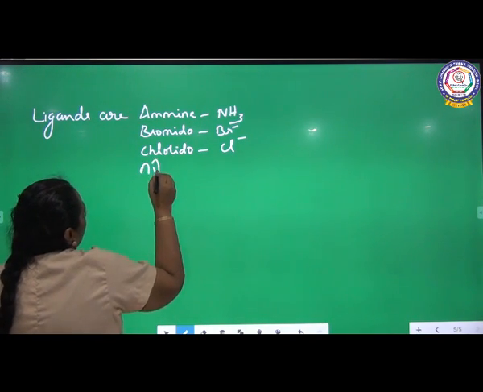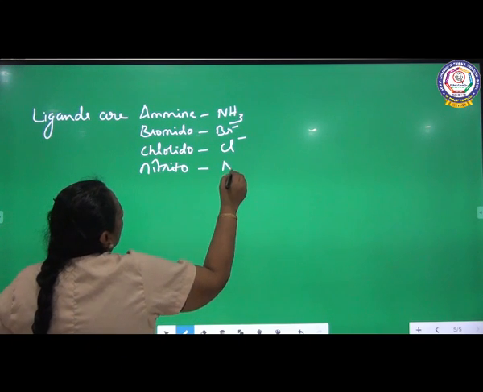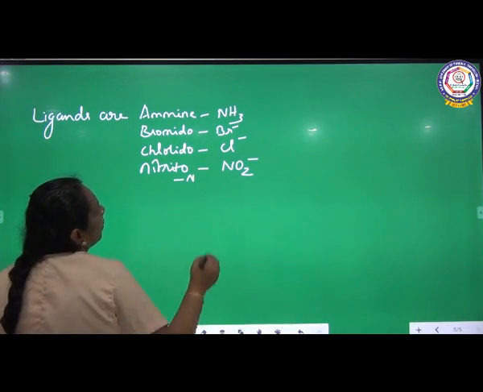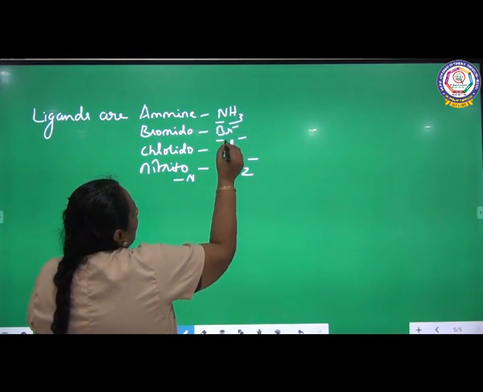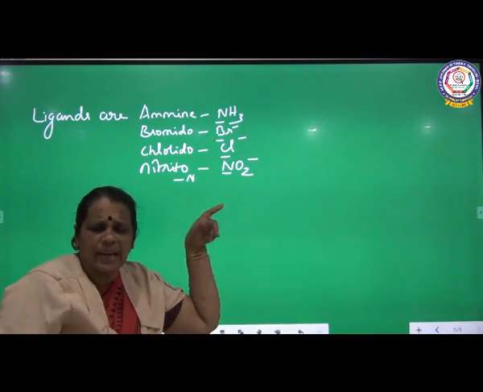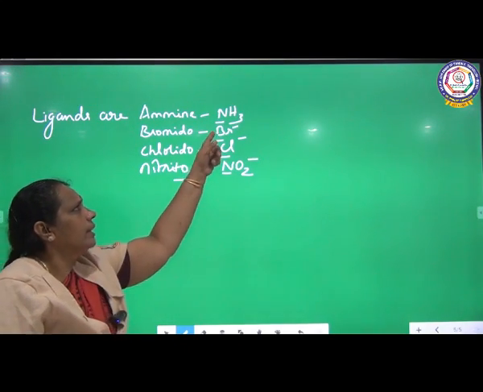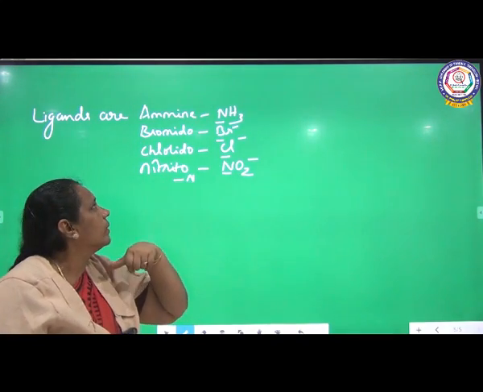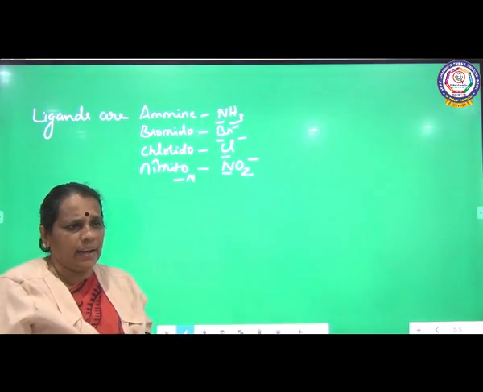For nitrito, NO2 minus, nitrito N. When you write the formula, underline the first letter of the formula and arrange in alphabetical order. For amine, the first letter is N. For bromido, the first letter is B. For chlorido, it is C. For nitrito, it is N.